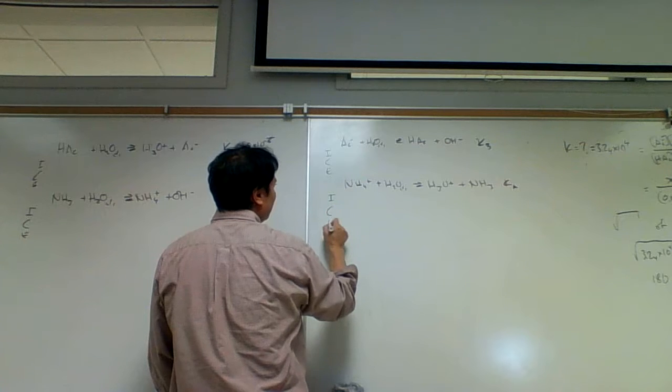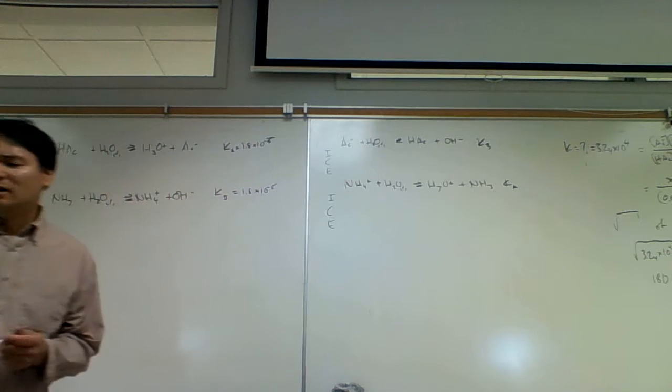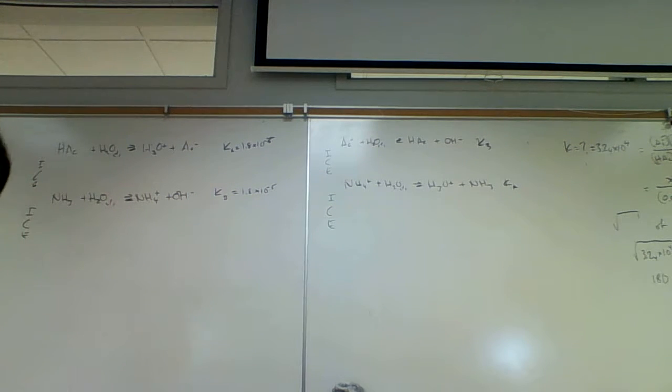But before I do that, take a look at these equilibria. Let's say, take a look at the top two equilibria. What do you see? They're the same, right? So that means I could do one or the other. Which one should I do? It doesn't really matter, but I could do one or the other.